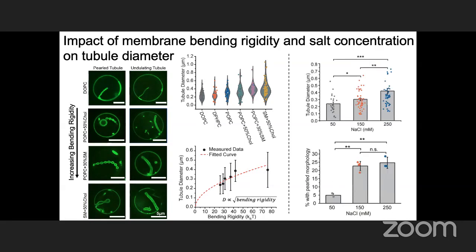Furthermore, as the protein layer became more rigid at high salt concentration, we observed an increase in tubule diameter and in the incidence of pearled tubules as salt concentration increased from 50 to 250 millimolar, which is also in agreement with the simulation.